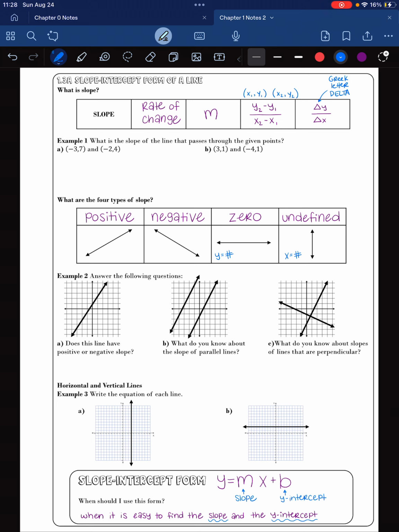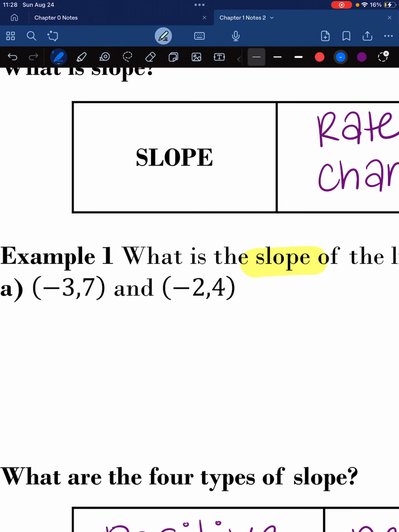Okay, so what is the slope of the line that passes through these 2 points? Make sure we're reading directions. It is just asking for the slope on these two problems. So I'm going to use that slope formula. It doesn't matter whether we call this one x1 or x2, but whichever we call it, the y has to match. So I'm going to call this one x1, y1.